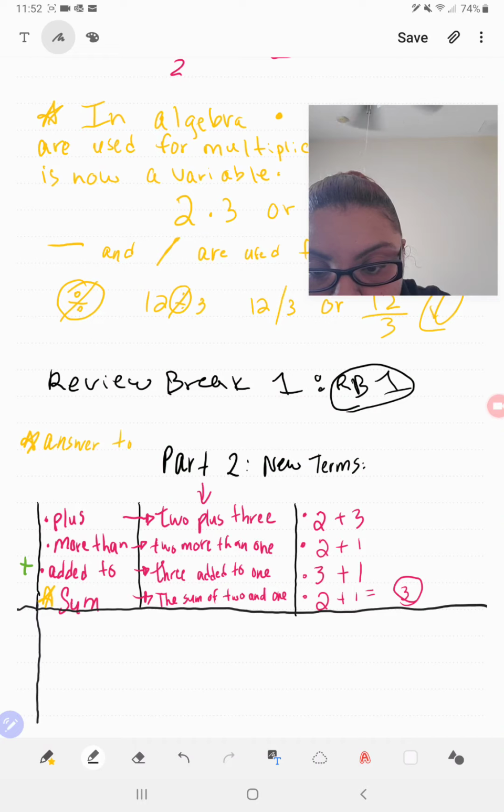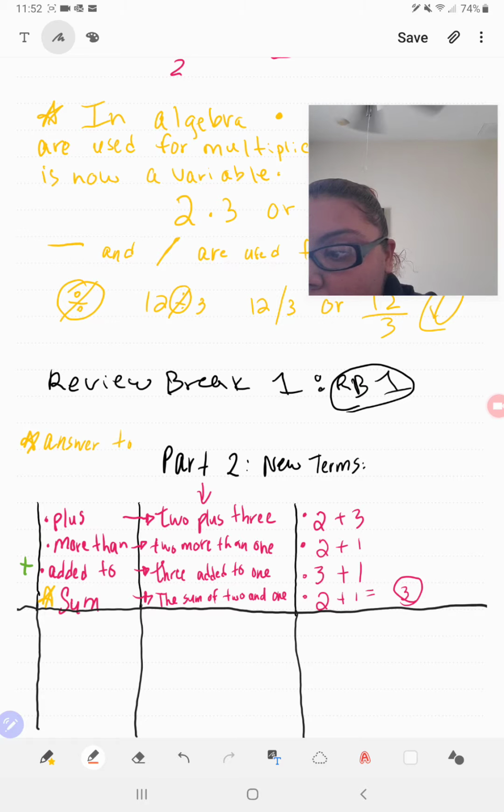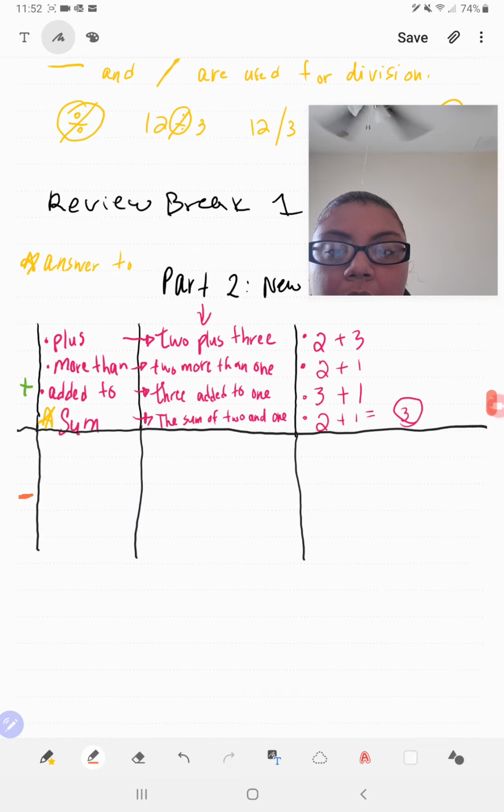Let's go ahead and add the next row. And then this one's going to be minus, subtraction, okay?